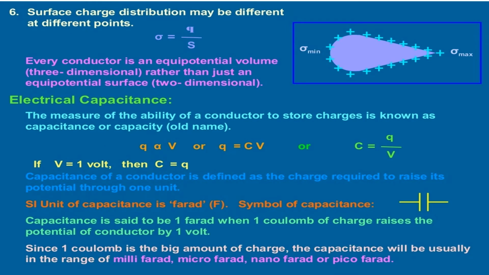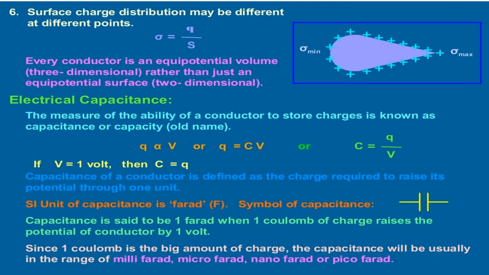Number 6. Surface charge distribution may be different at different points on the surface of a conductor. It is positive at the points where positive charge is present and negative for negative charges. Also, surface charge density sigma is equal to charge q over surface area S, where S is 4 pi r squared, and r is the radius of curvature of the surface.